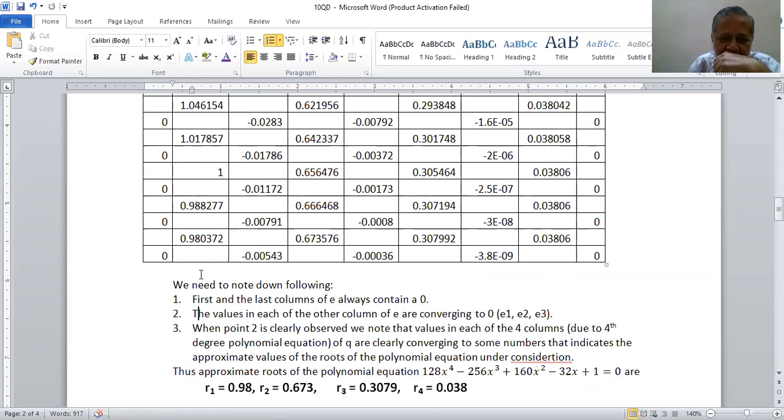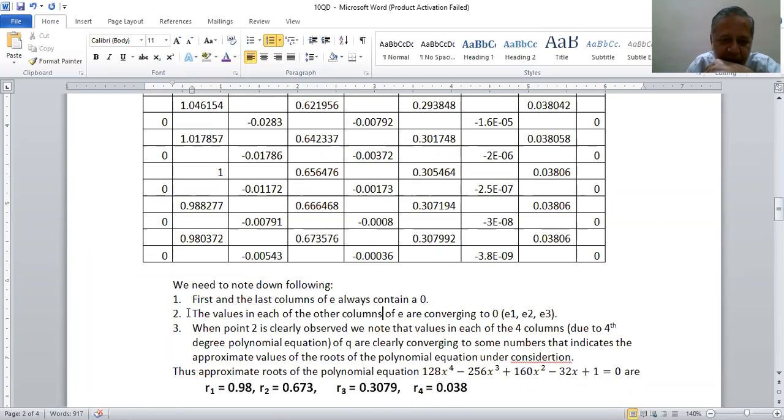To draw the conclusions, we need to note down these points. First and the last column of E always contain a 0. The values in each of the other columns of E are converging to 0. So E1, E2, E3, they are converging to 0.